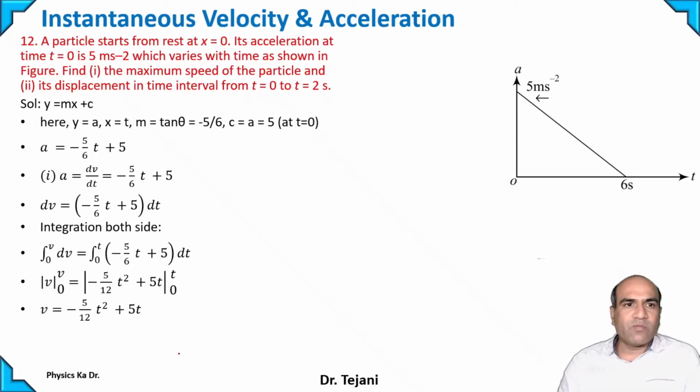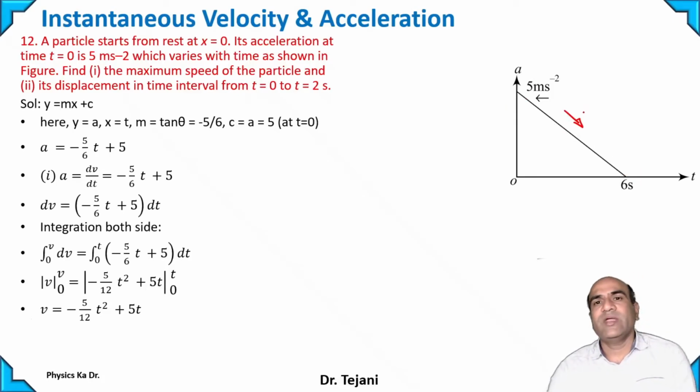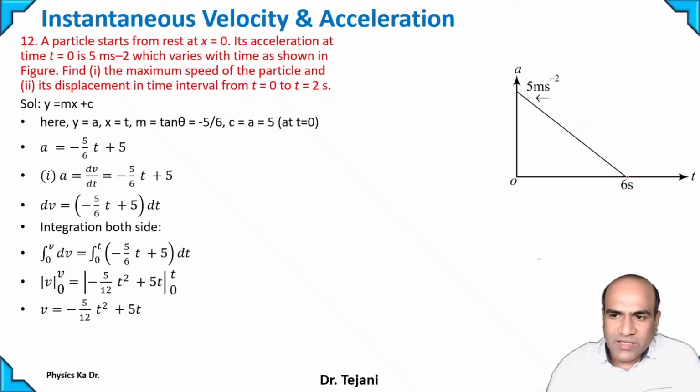What is mentioned? The maximum speed of the particle: see here, the acceleration is maximum, and then acceleration is equal to 0, right? So at acceleration 0 there is no other force, or it is a deceleration, meaning it is reducing speed at every time. That means at t is equal to 6 seconds, velocity must be maximum.